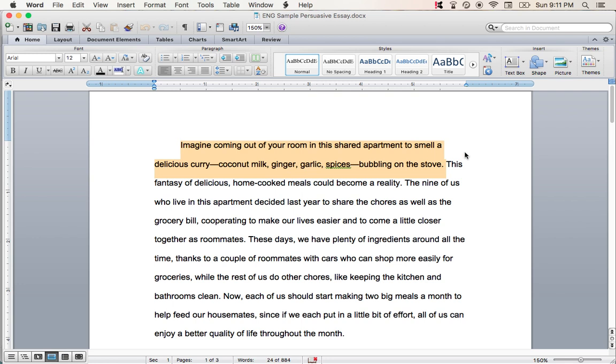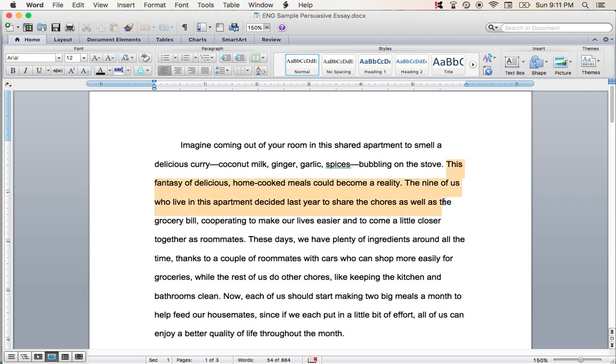We have the sense of smell, as well as of sight. We can smell ginger, garlic, and we can maybe see the bubbling curry on the stove. So that description gives the reader something to really imagine in a vivid way. And then hopefully they're interested in why we're talking about this curry, and they'll keep reading.